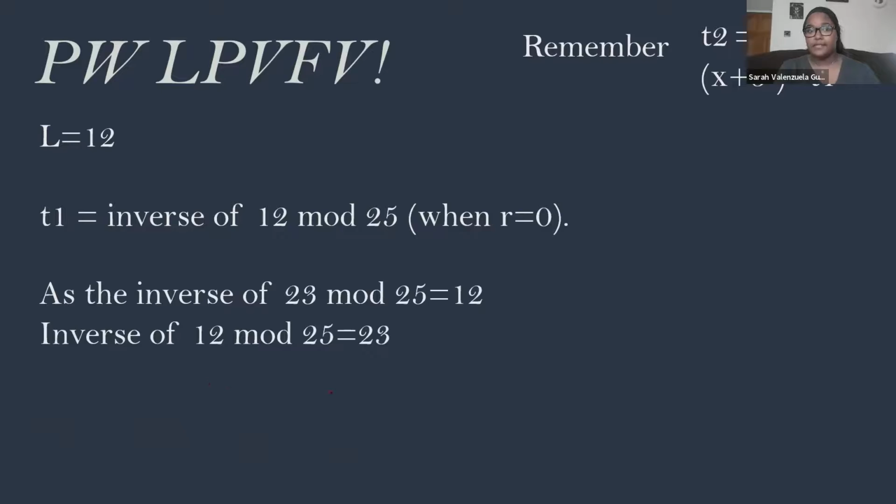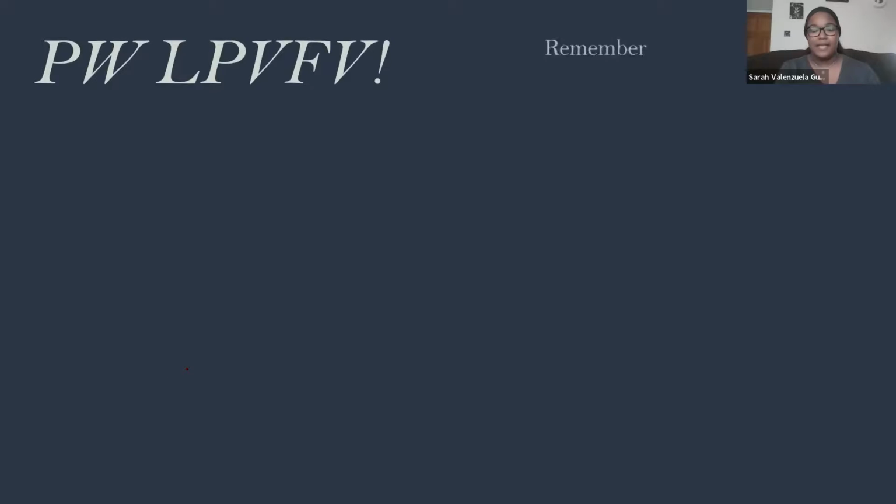Here we have this. So T1 is 23, so the value of X is 20. For our next slide, we have our method, our little reminder, and our value, V is equal to 22.